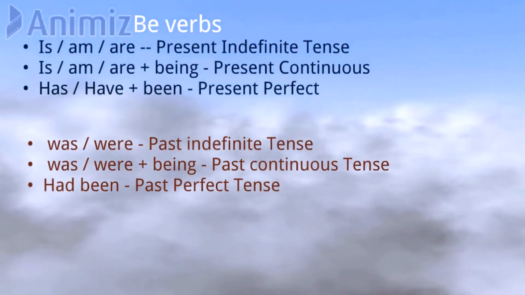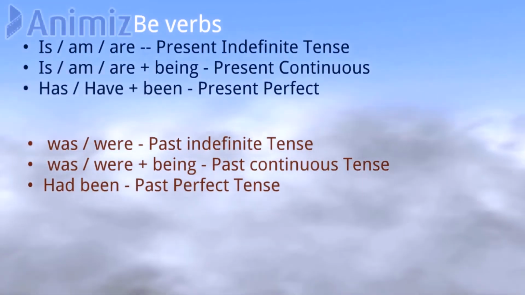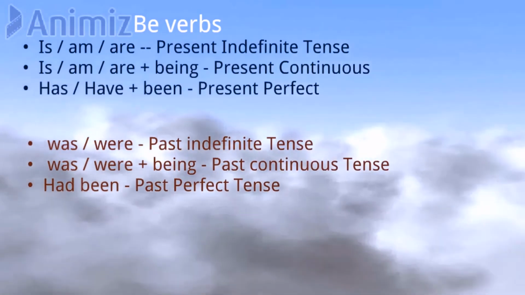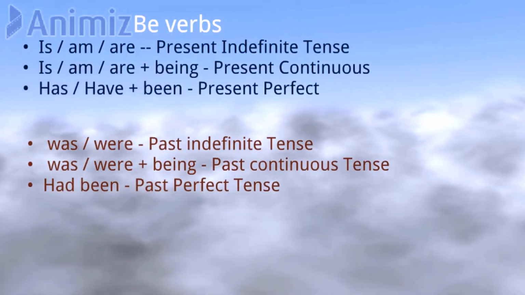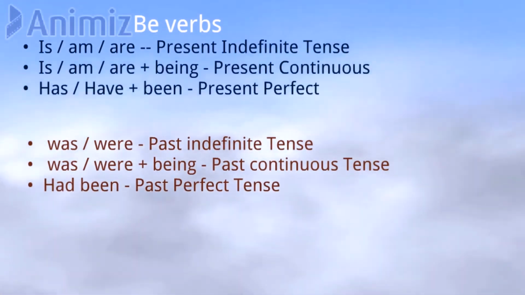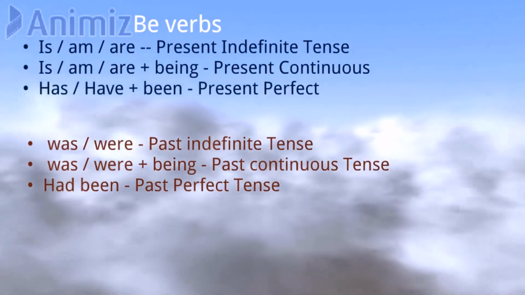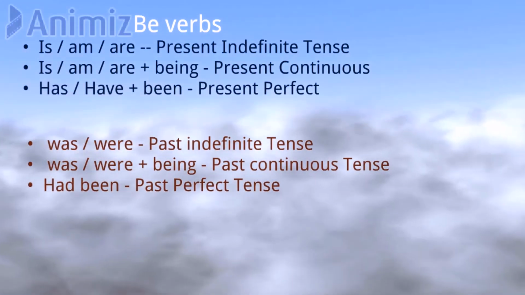If the sentence is in past continuous tense, then to change into passive, you have to add with was or were, being, and if the active voice is in past perfect tense, passive, had, been will come with that.